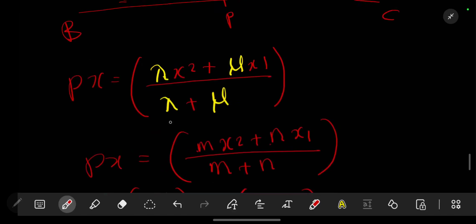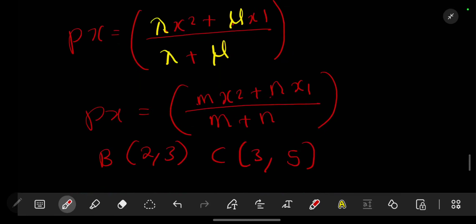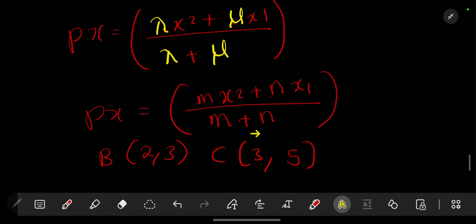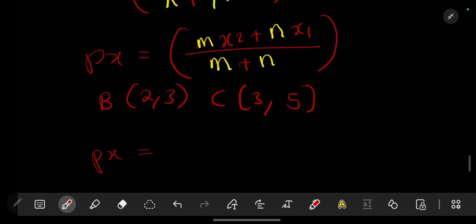So your lambda will be 3, your mu will be 4. Just the order. You can use this, or if you are conversant with these letters, you can use these letters. So remember this is our x1, y1. This is our x2, y2, like that.